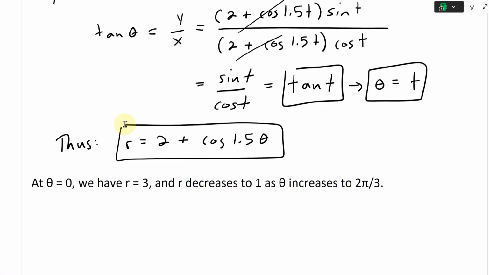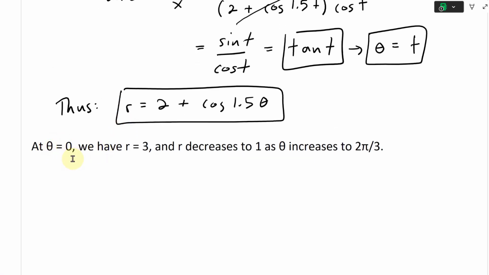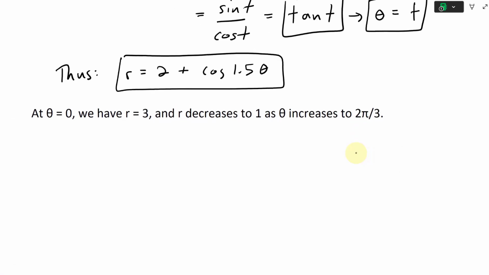Alright, and now we're going to start graphing stuff. Let's start from the beginning, where the parameter t or theta is equal to 0. We have r equals 3, and r decreases to 1 as theta increases to 2 pi over 3. We can show this: we have 1.5 theta, which equals 3 over 2 theta.